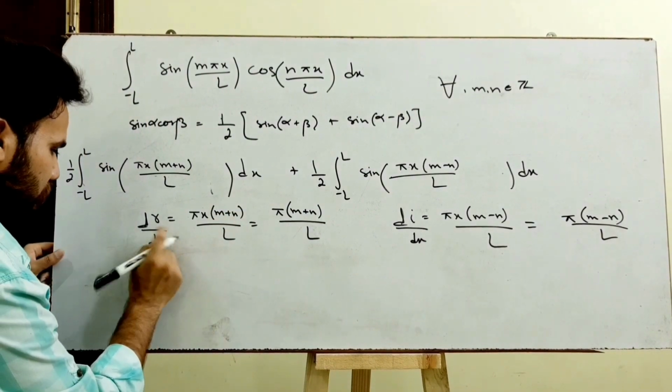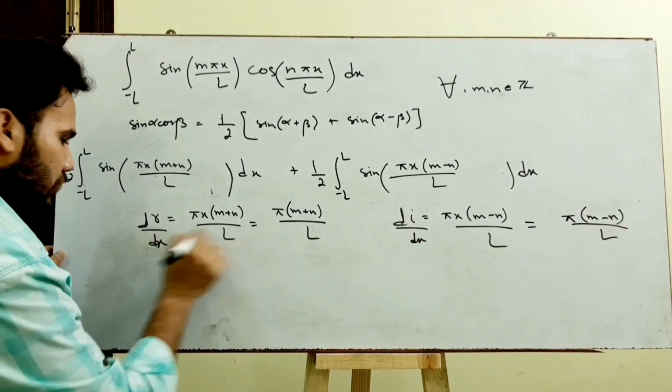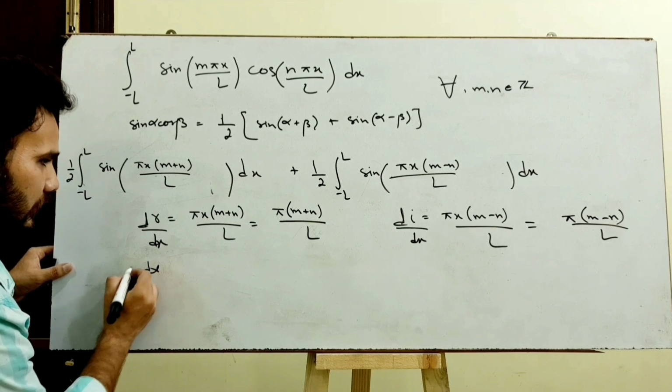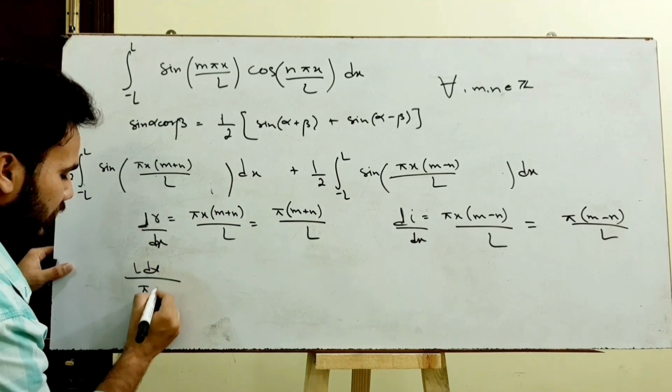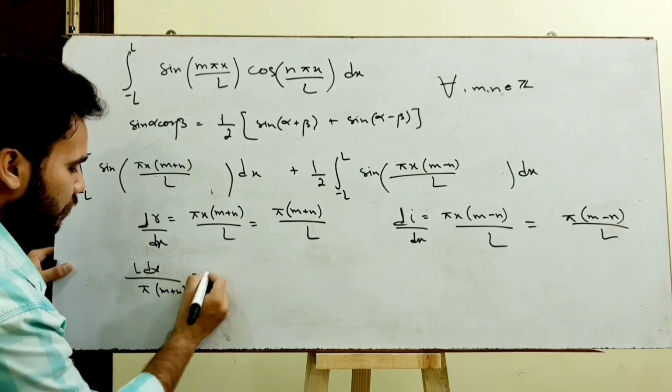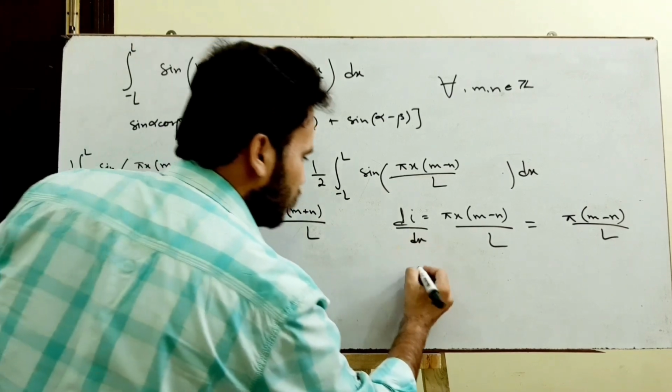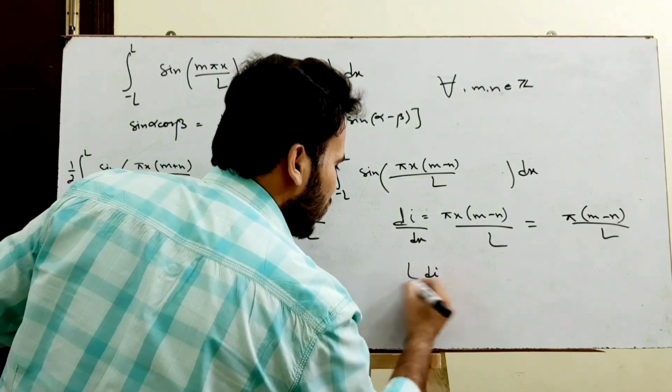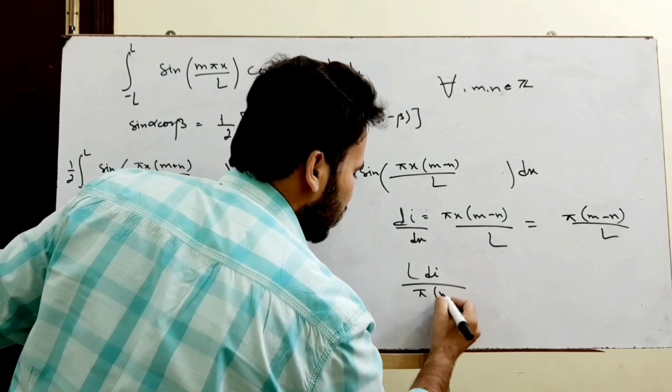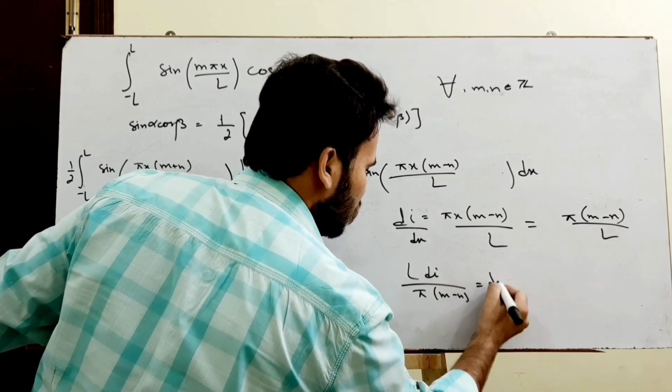So this will be L dr over pi (m plus n) equals dx, and here L di over pi (m minus n) equals dx.